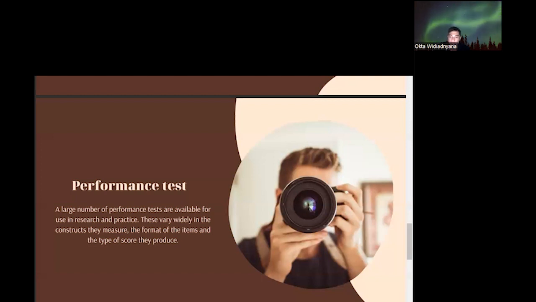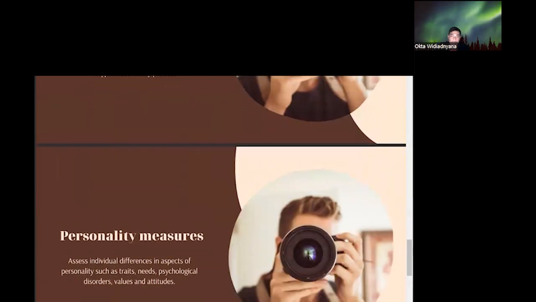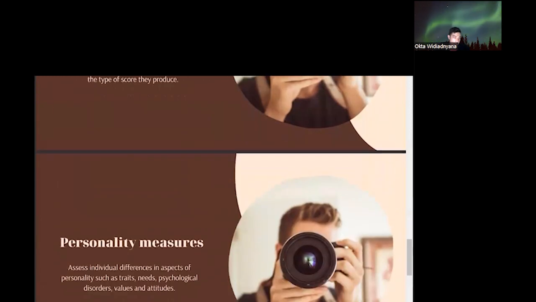Diagnostic tests usually focus on the lower end of the performance spectrum and provide a detailed picture of students' level of performance in various skills involving that subject. Okay, those are the various performance tests.